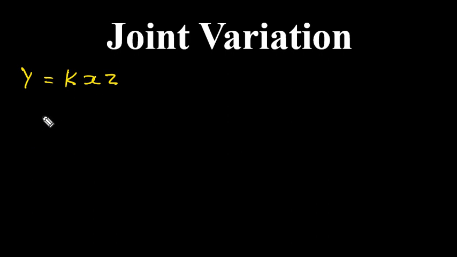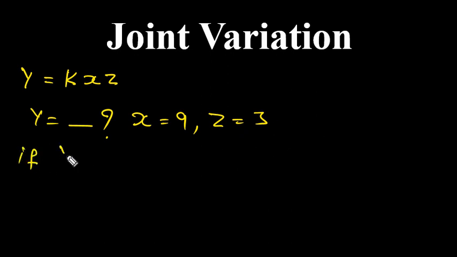Now find y when x is equal to 9 and z is equal to 3, and if y is equal to 20 when z is equal to 3 and x is equal to 5.